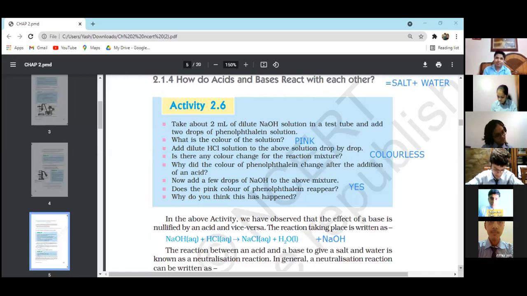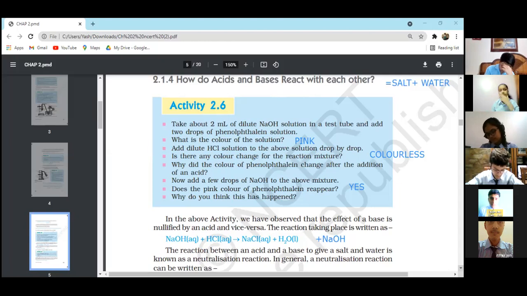Write down in your book. Due to addition of few more drops of NaOH, the solution will behave like basic in nature.